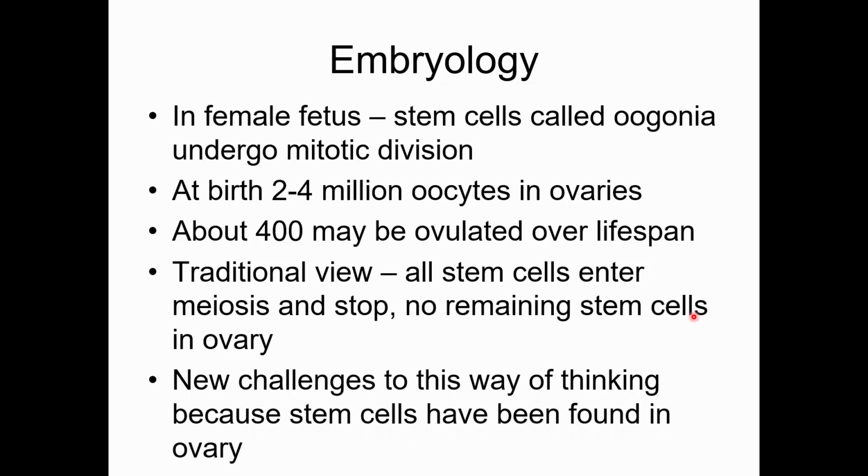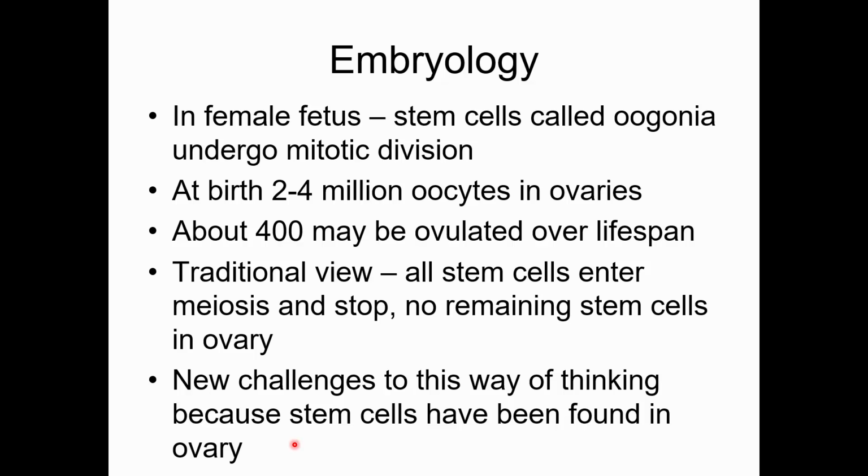Well, this doesn't seem to be the case. Stem cells have been found in the ovary. Now, women still go through menopause. I don't know what the consequences of having these stem cells are, but cellular biology is just totally changed in terms of the way we think about stem cells.